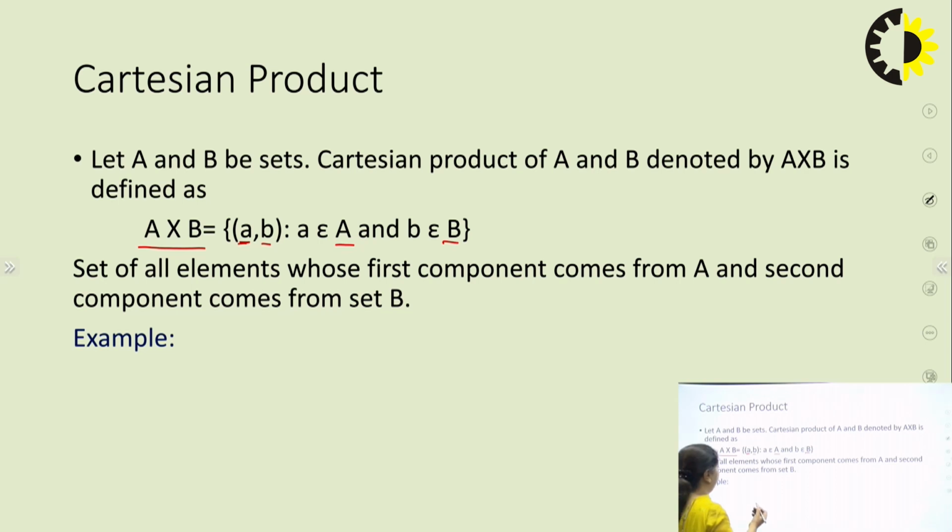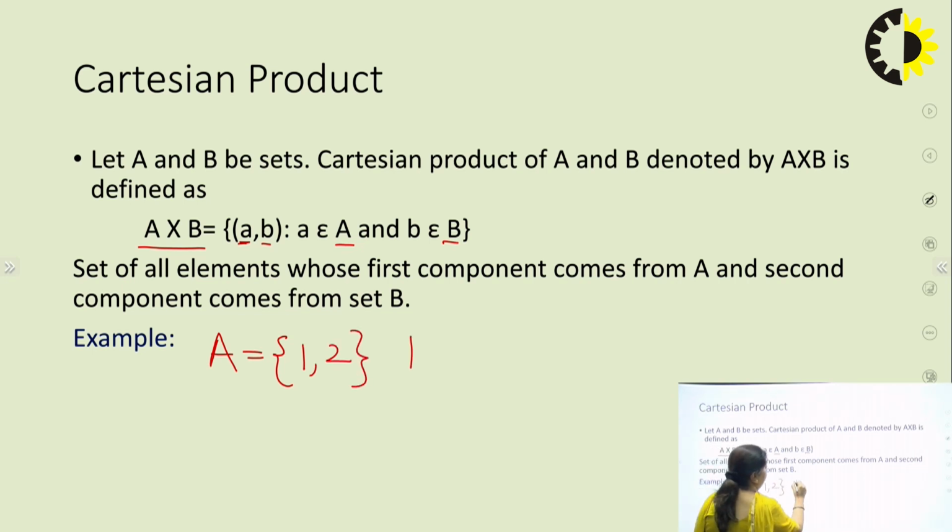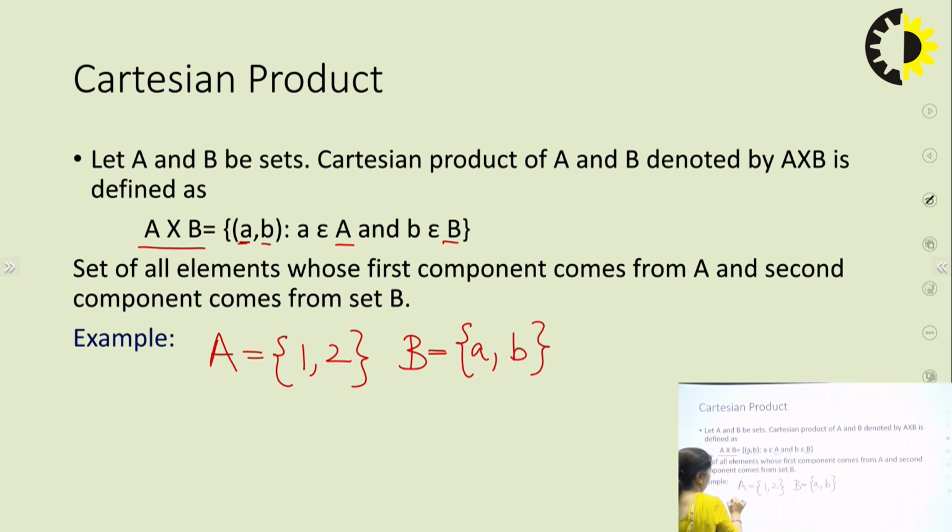Let's take an example. Suppose I have a set A which contains the elements 1, 2 and I have another set B which contains the elements small a, small b. Now I want to find out the Cartesian product, that is A cross B. So now my A cross B will contain all the elements such that the first component should belong to set A and the second component should belong to set B. So all the components which are possible with this property include (1, a).